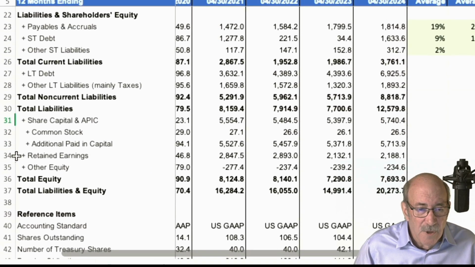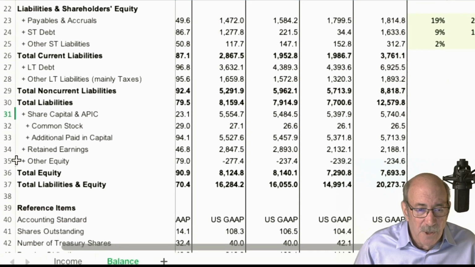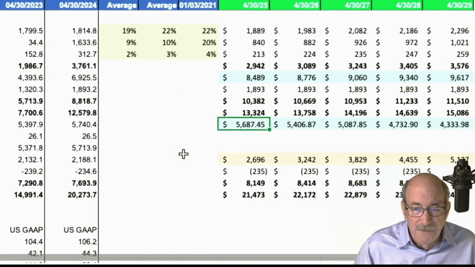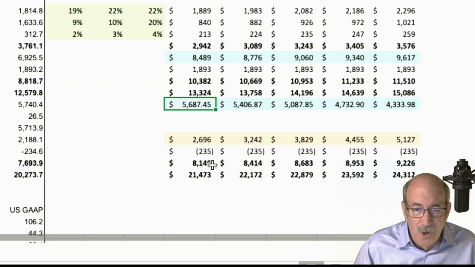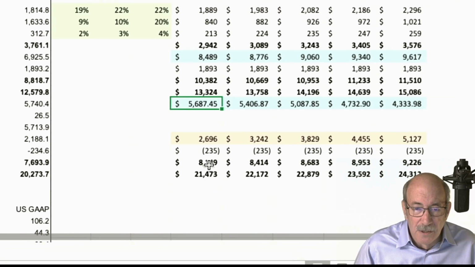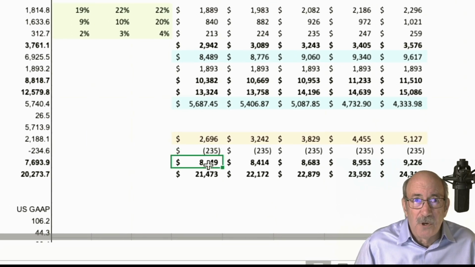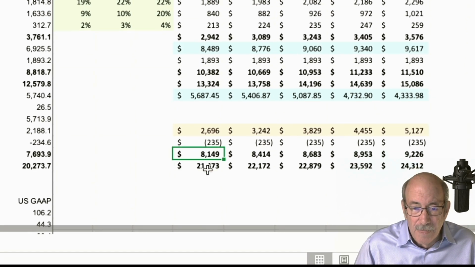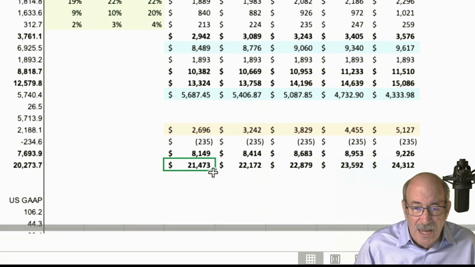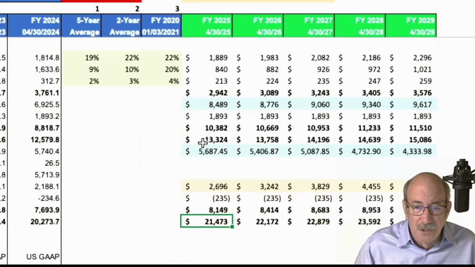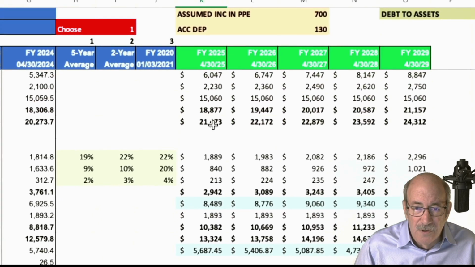K34 is my retained earnings, and K35 is my other equity. So I've subtracted off those two amounts, and I end up with 8,149 as my total equity account. And the sum of those two is going to add up to be exactly the 21,473.